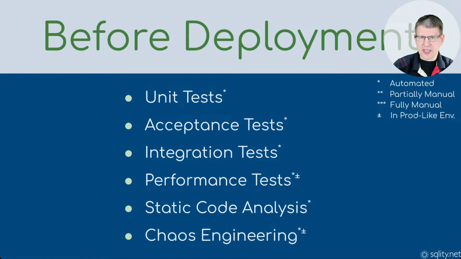In particular, acceptance tests are written based on the criteria that your stakeholders or your end users provide. So an acceptance test is there to prove that the system not only behaves as expected, but actually provides a functionality that is desired by the stakeholder or end user.